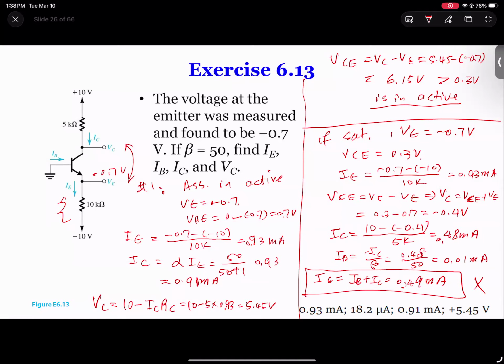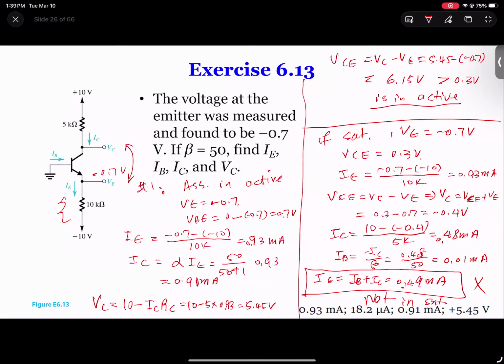I mean, IE, one of them has to be bigger, right? But typically IB doesn't change. So IC has to be bigger, which means this is not in saturation. So we got to conclude, at this point, you would go back, find something is wrong, go back to assume it is in active mode and redo the problem.